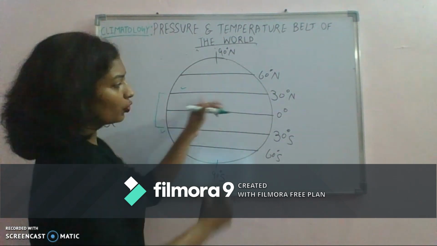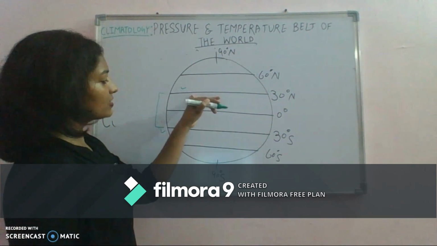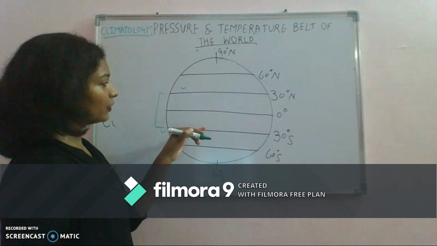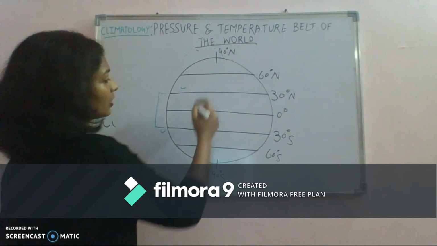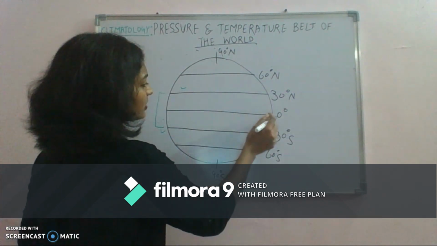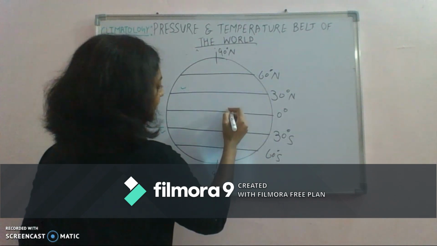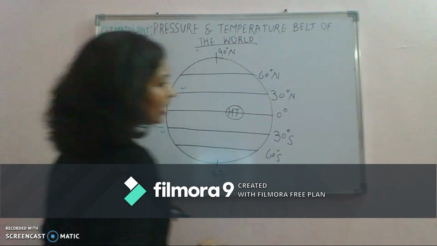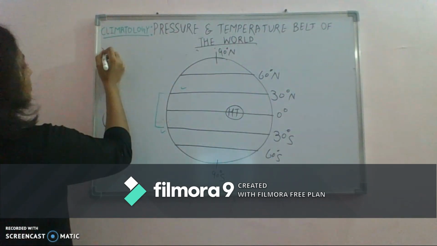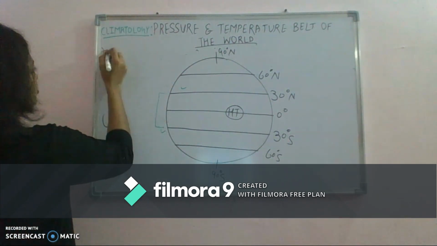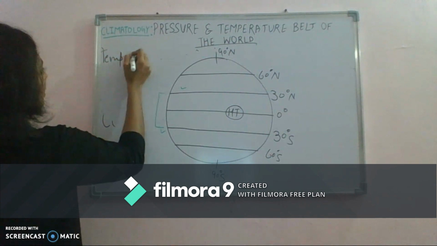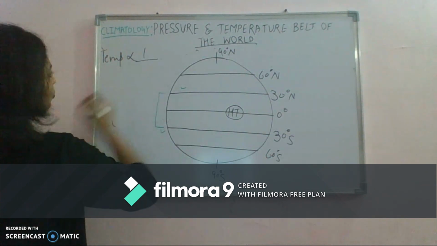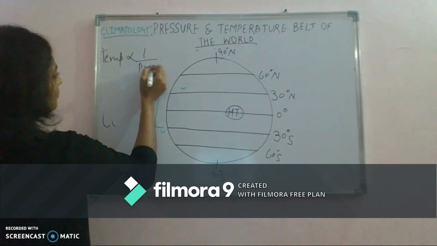When the sun moves from Cancer to Capricorn and back, somewhere when it is over the equator, the temperature is extremely high. Here I will mention that temperature is inversely proportional to pressure.